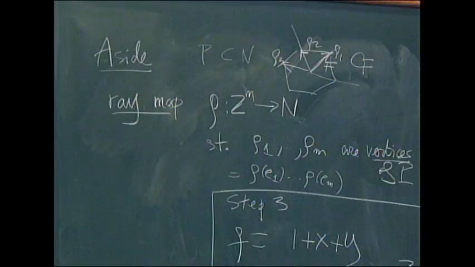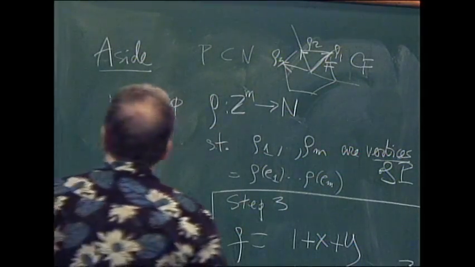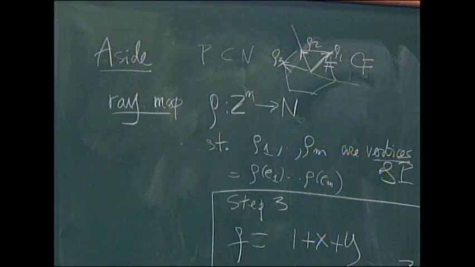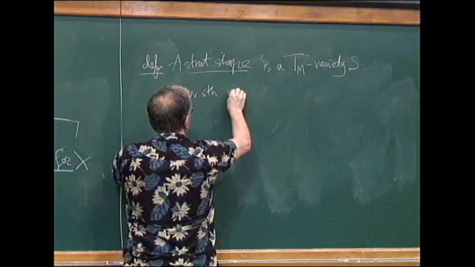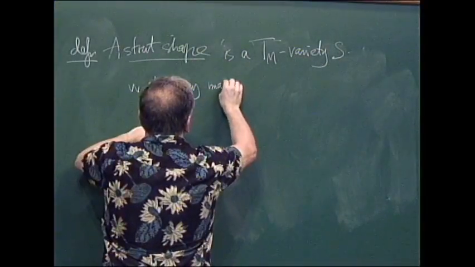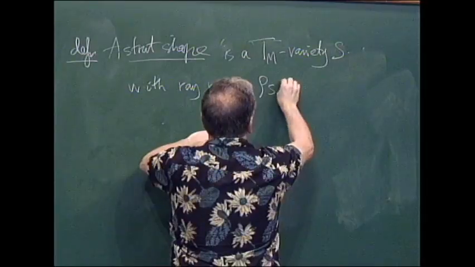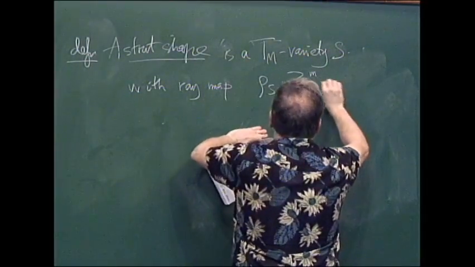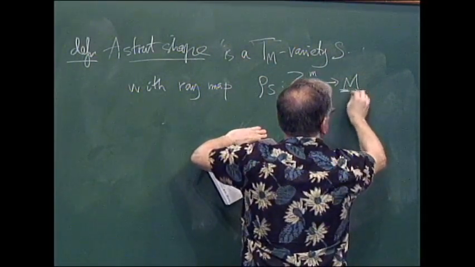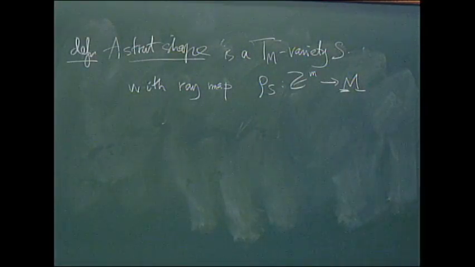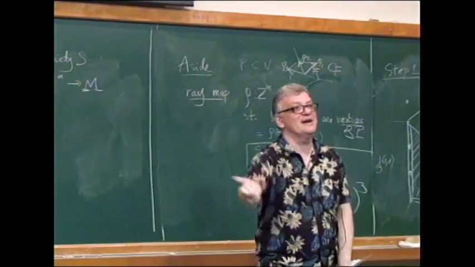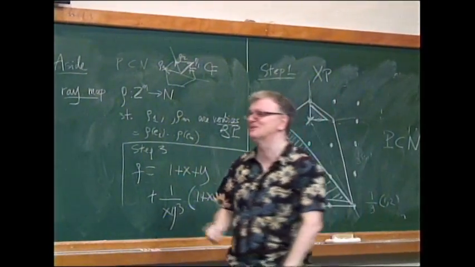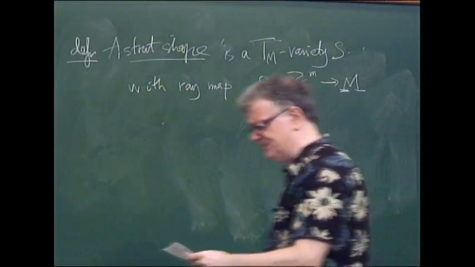So a strut shape is a toric variety S, which comes with a ray map for S from Zm to M, okay? So here the rho is in N. So when I look at this particular S, I'm switching the roles of M and N. Okay, that's a little bit confusing, but that's what I'm doing.